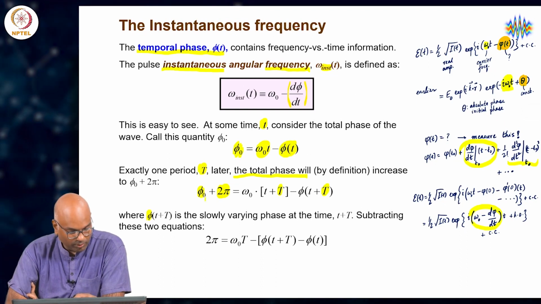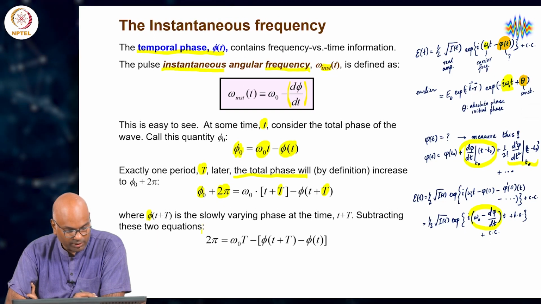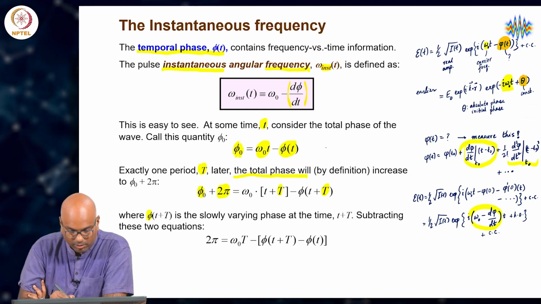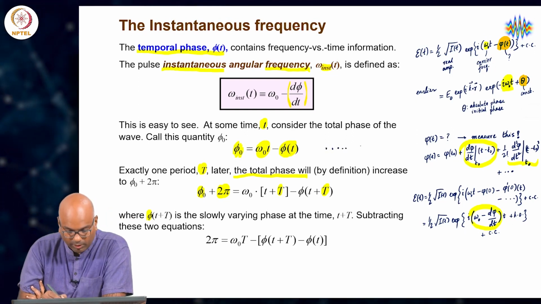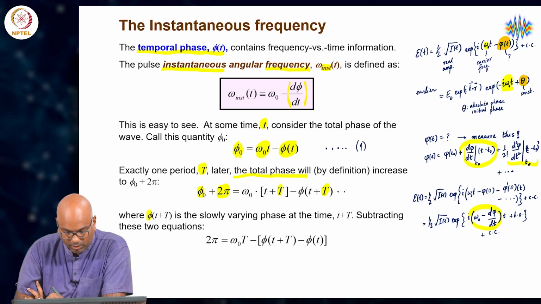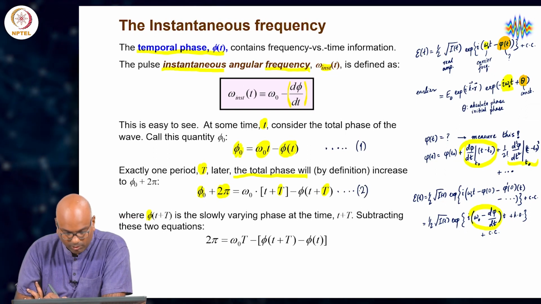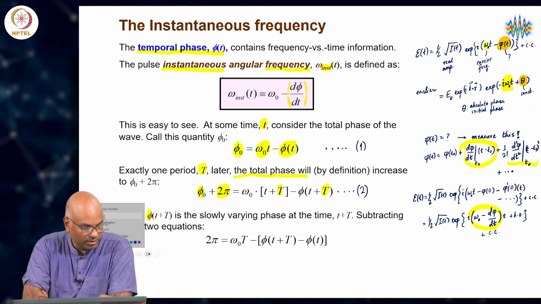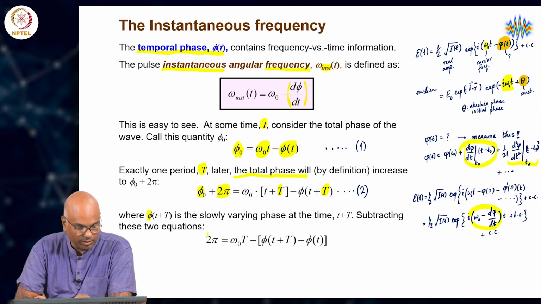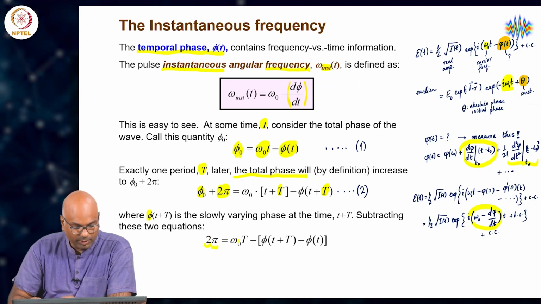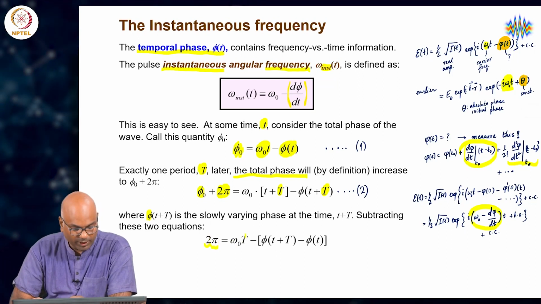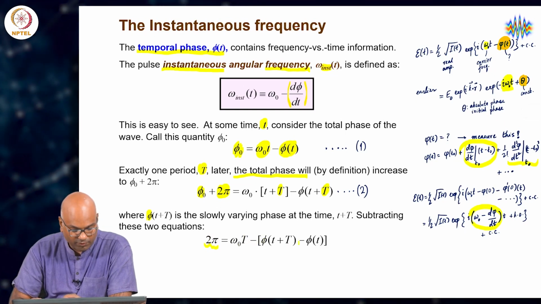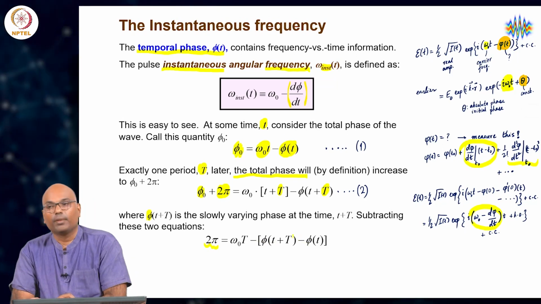Now, let us take the two equations. Let us call the top equation 1 and this equation 2. Subtract the two, so that on the left side, this is really elementary algebra, the factor of 2 pi remains, and on the right side we have omega naught times the period T minus phi of t plus T minus phi of t.